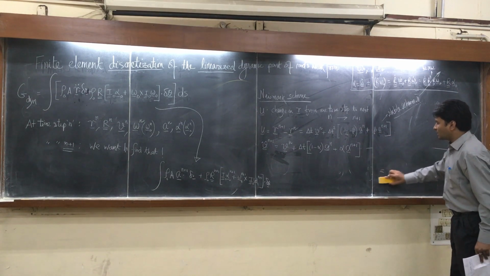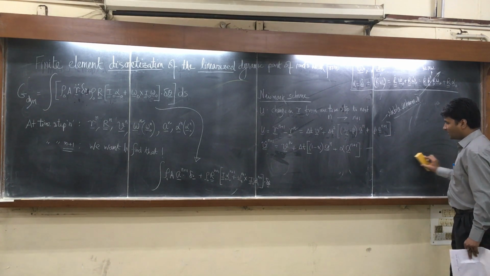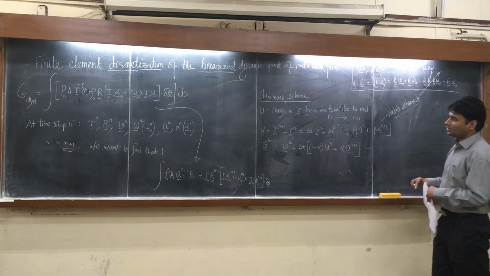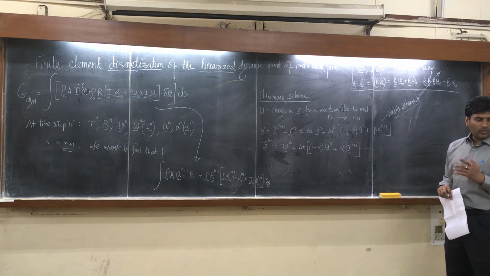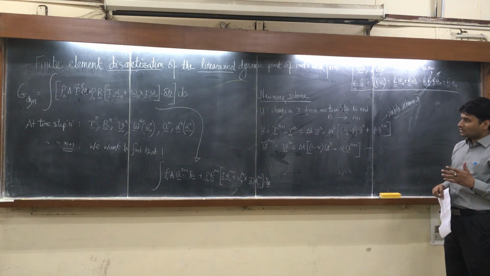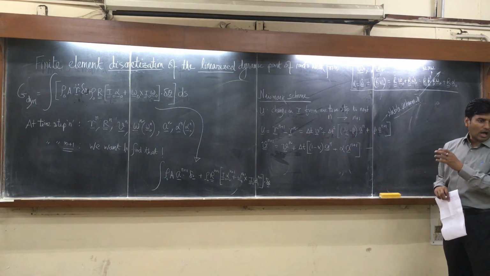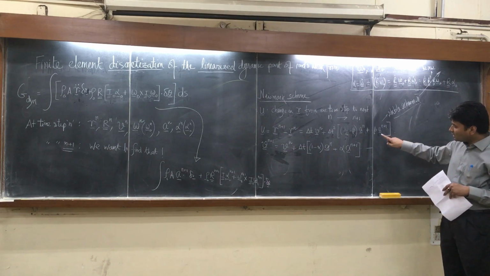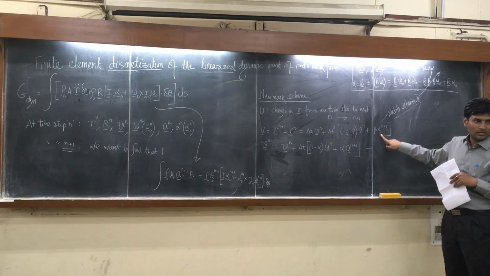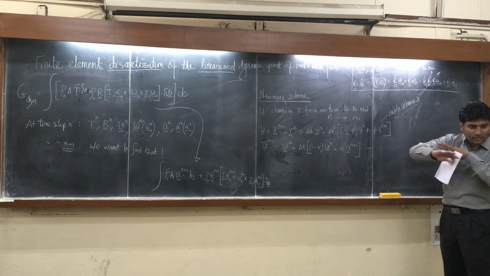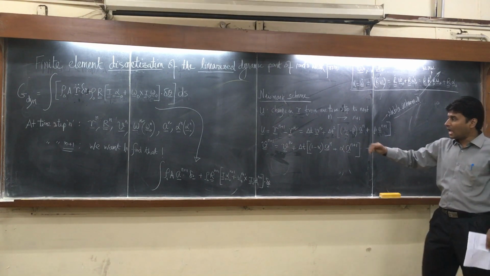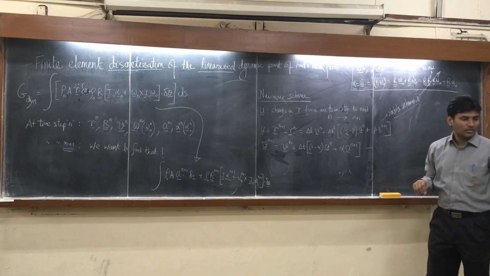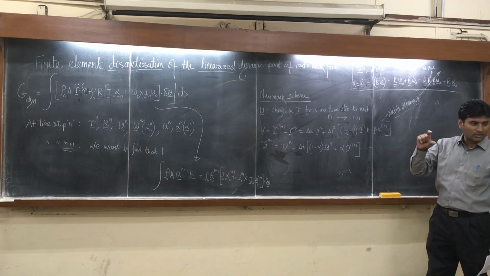Now you see this discretization. Using this discretization, you get U. But what we want to do is the reverse. I want to write down acceleration at n plus 1 in terms of everything at the nth step and the U. I want to write it in terms of increments.